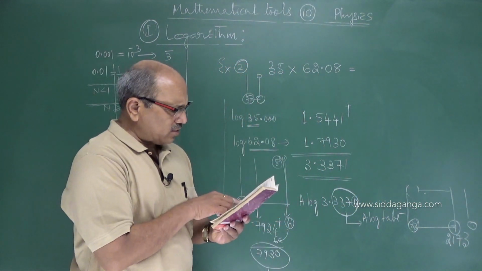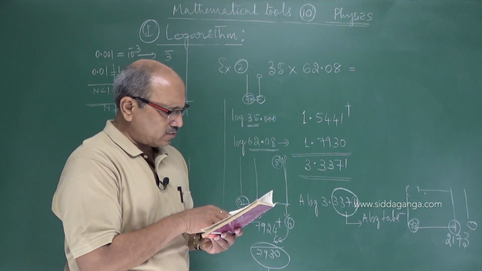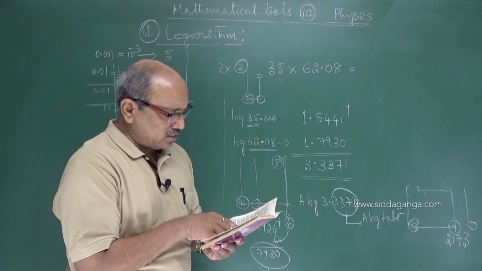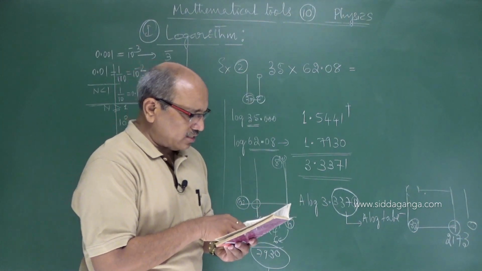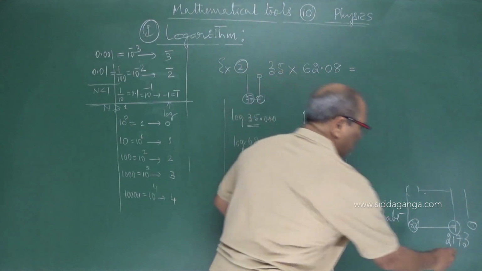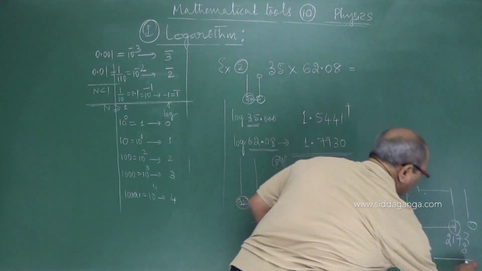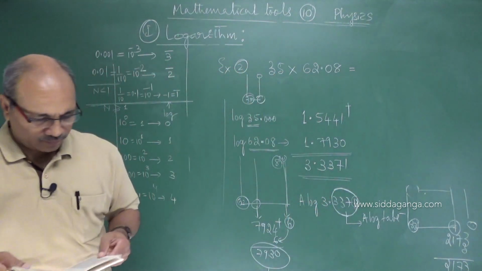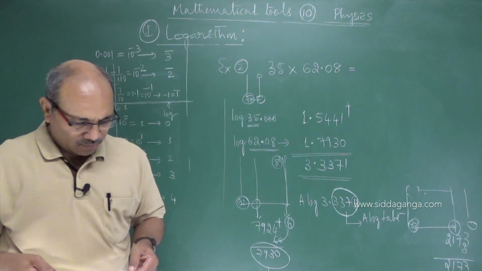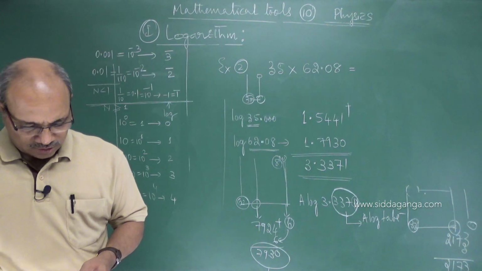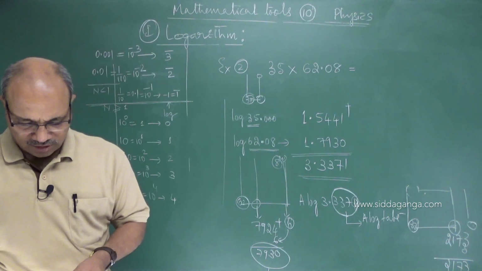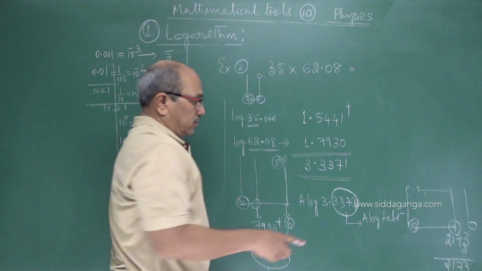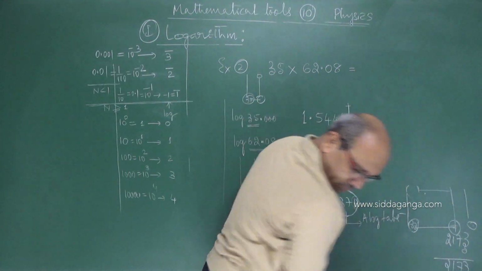Mean difference 1, 33 7, 2173. Mean difference 1. Accidentally it is 0. No problem. We have to add 0. So this is what I got.